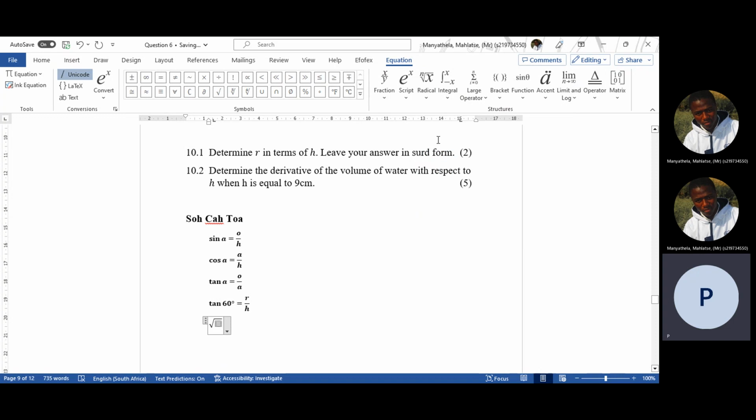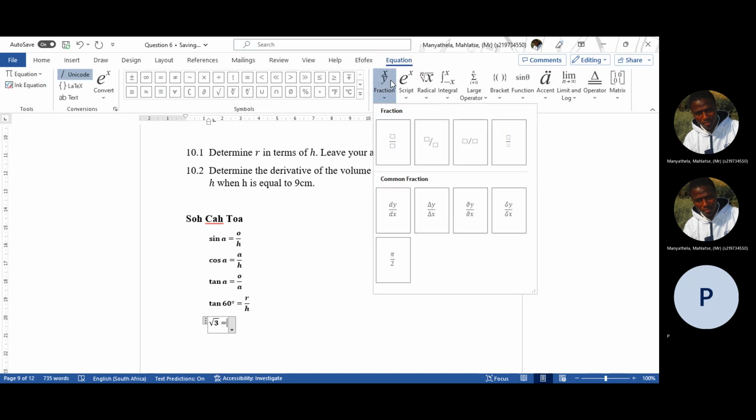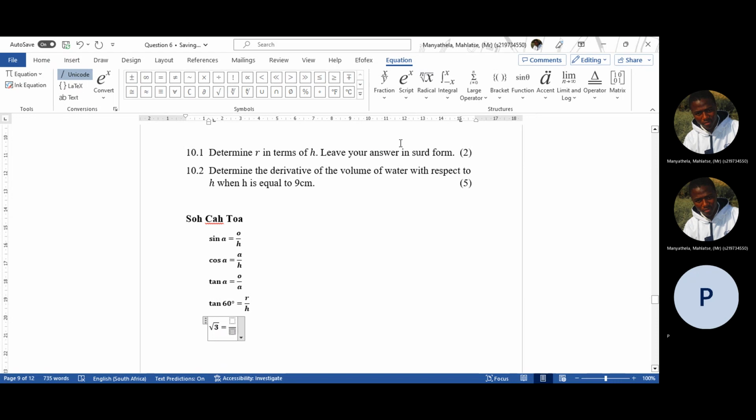Tan 60 is root 3. Yes, tan 60 is root 3.